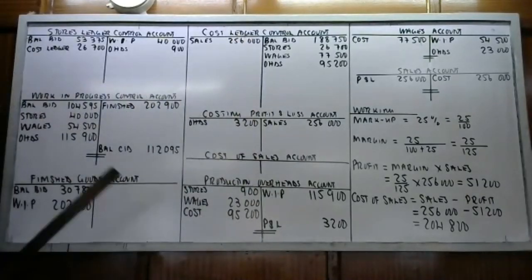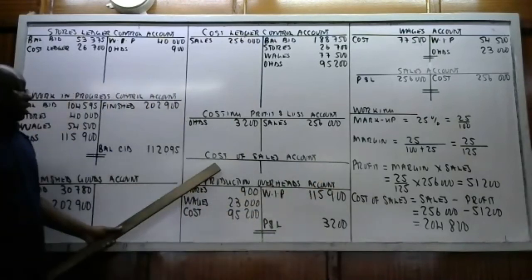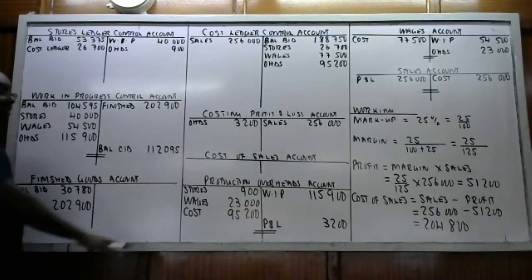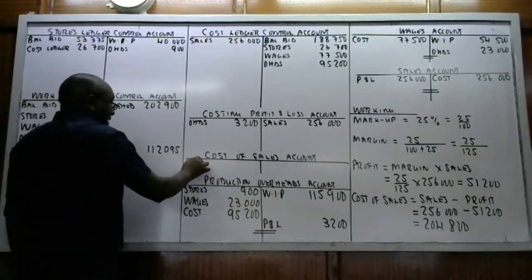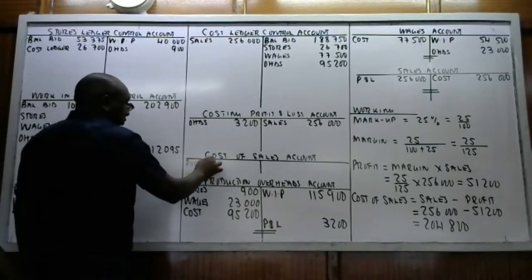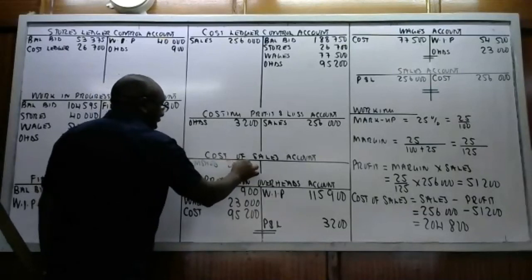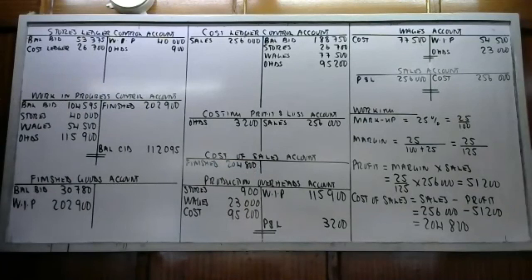Cost of sales account. What you do, this amount here is debited in the cost of sales and credited in finished goods. So let's start from that account. This is what came from the finished goods account, 204,800.